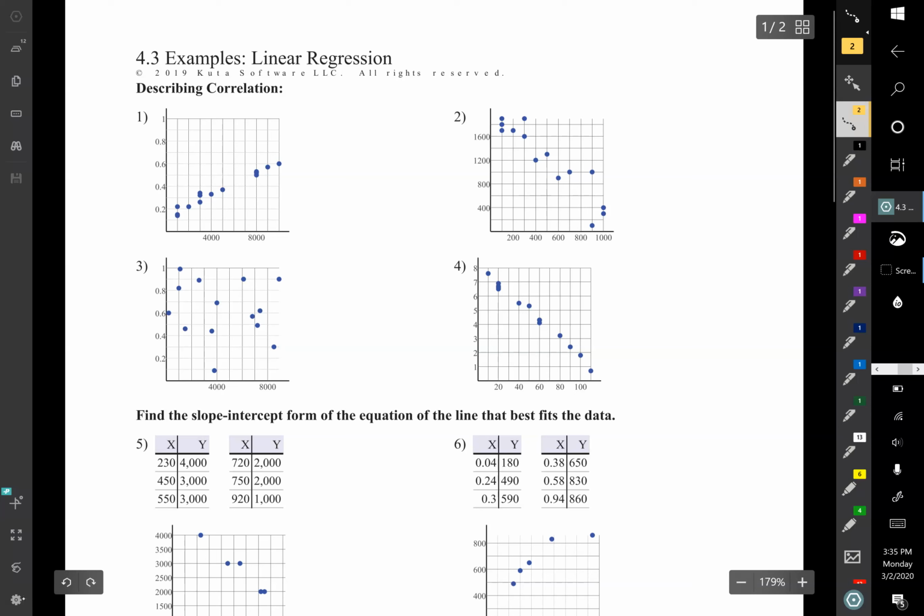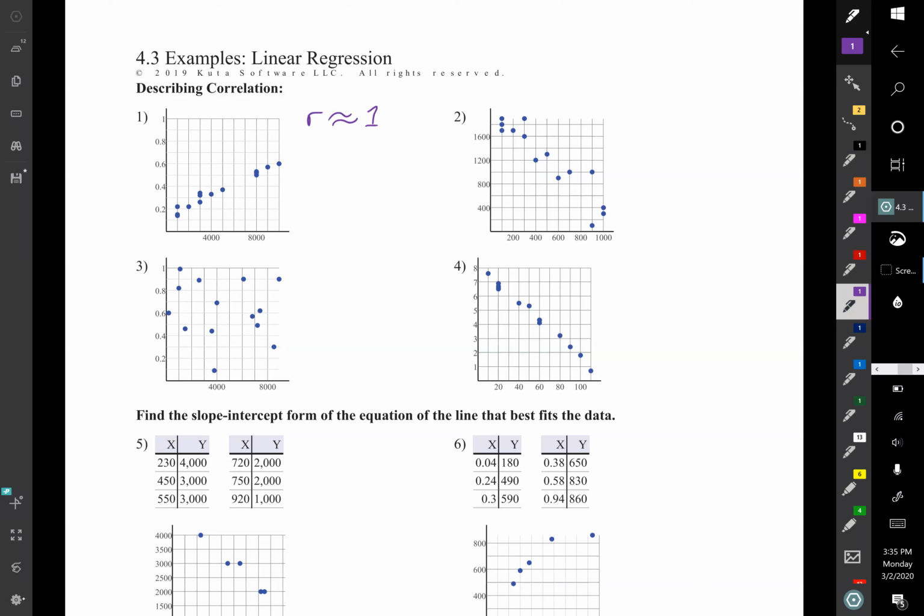If it's closest to 1, it's positive. So this one, R is probably pretty close to 1. It wouldn't be exactly 1, that would be a perfect line. And what I want you to understand is how to write that it has a strong positive correlation.